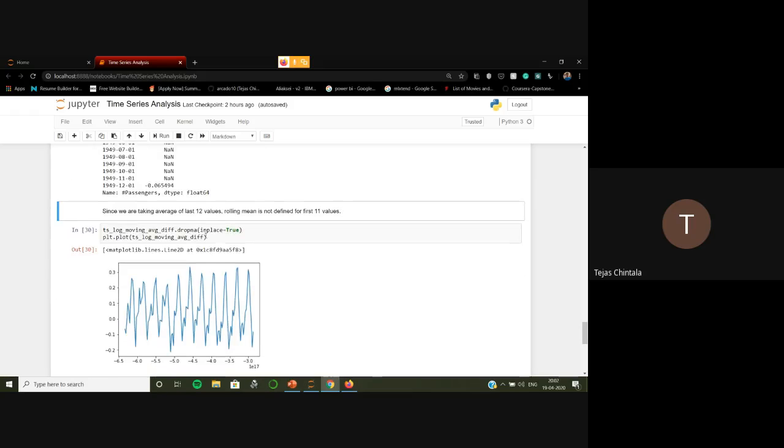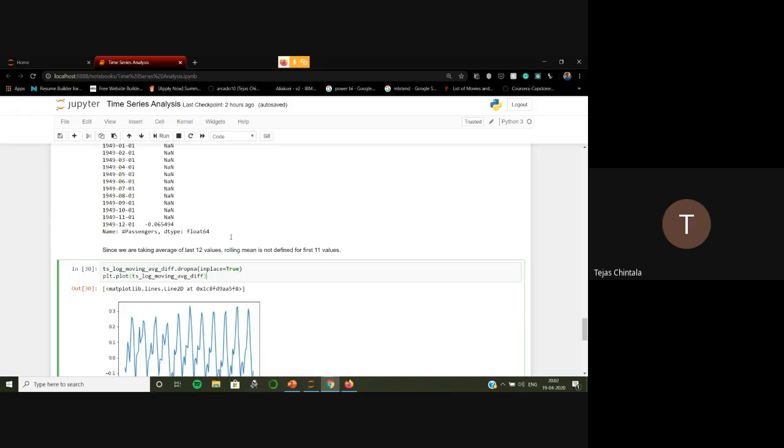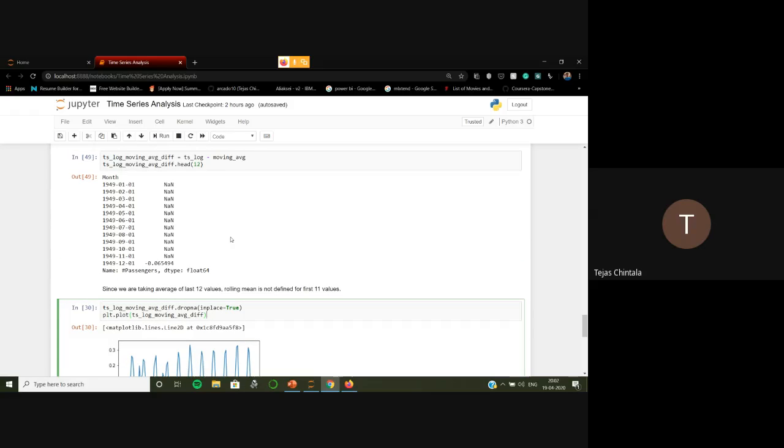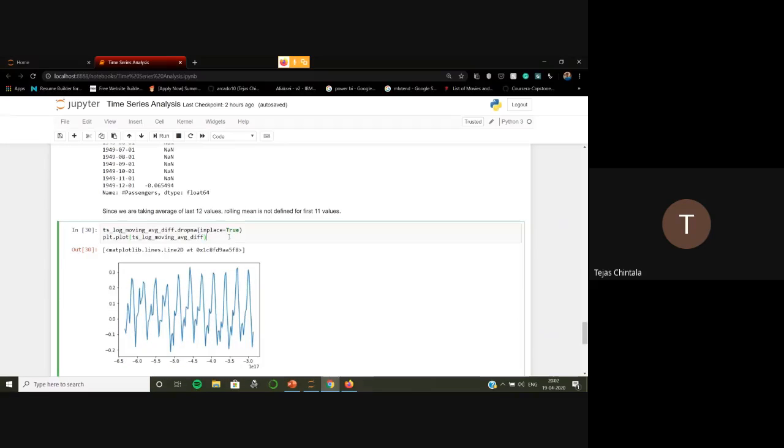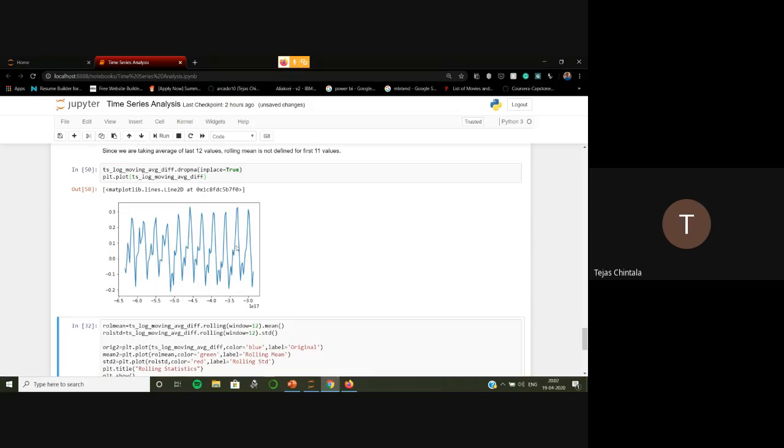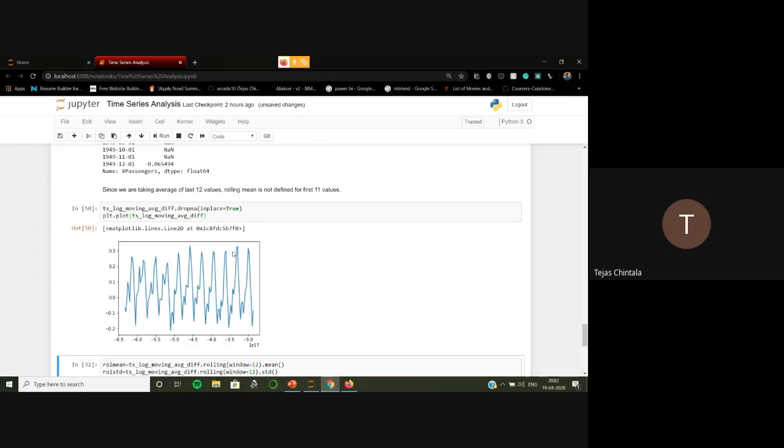Okay, then if we go over here, after removing the first 11 values, we see the graph. If we compare it with the previous graph, we see that there's a drastic change.